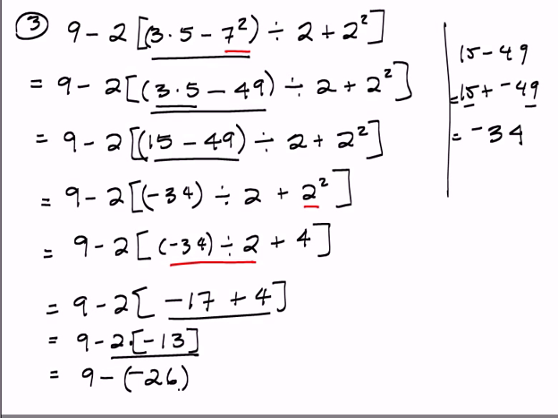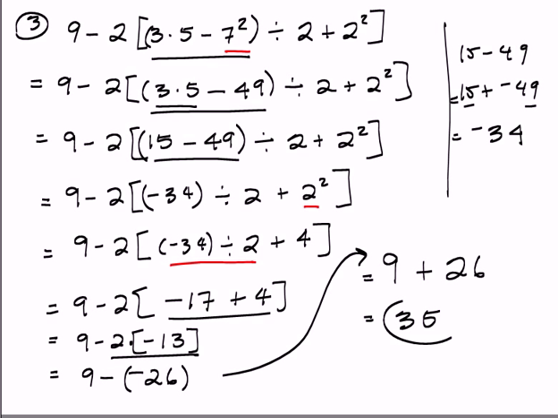Let's put some cosmetic parentheses around there. And we're going to continue this problem over here. We know that that is the same thing as 9 plus a positive 26, and we would get 35.